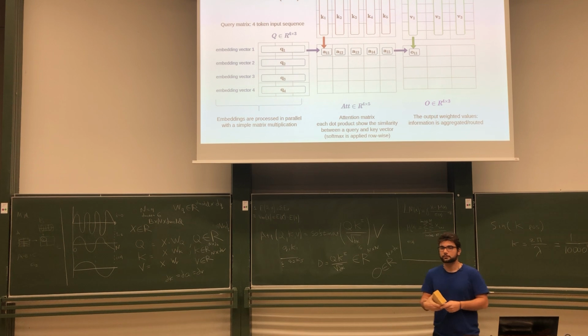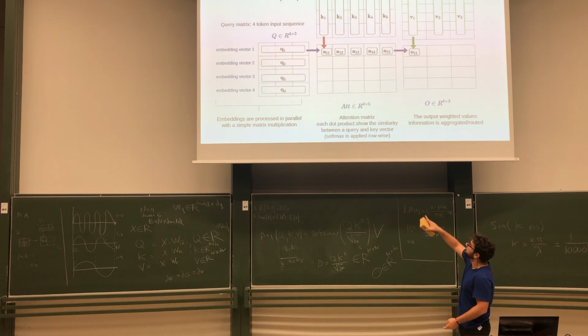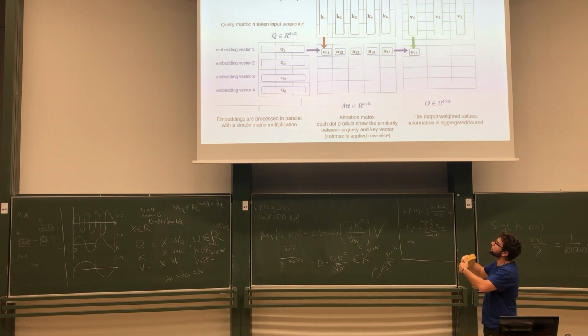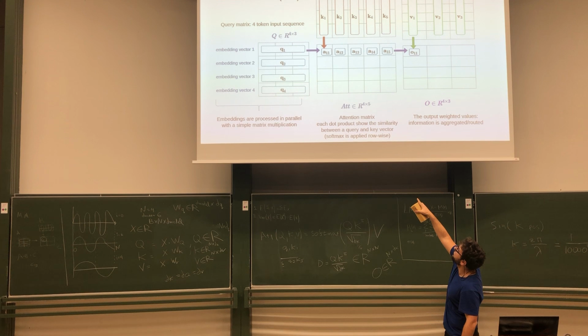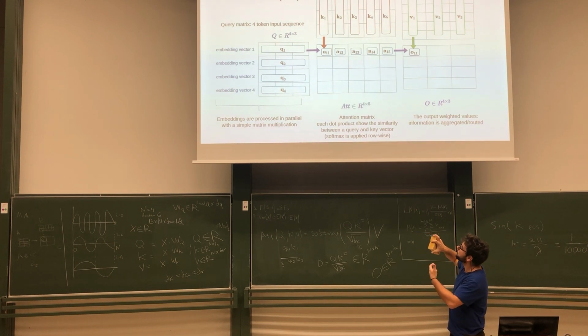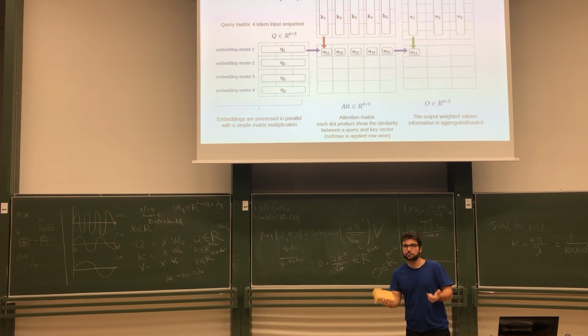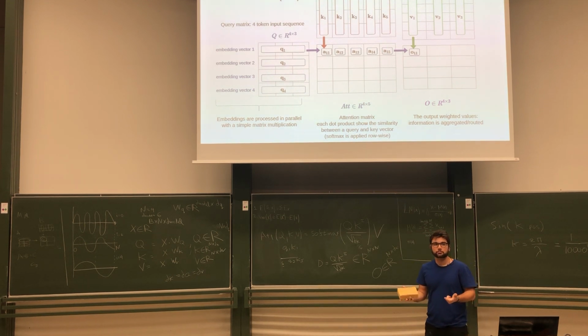What would happen if we take Q1 and K1 and multiply them together? We take their inner product, as I'm showing here with the blue and red arrow. This inner product would get a really high value. And this is a problem.